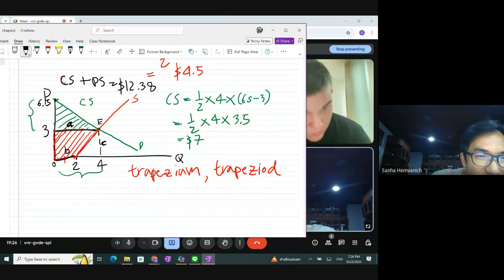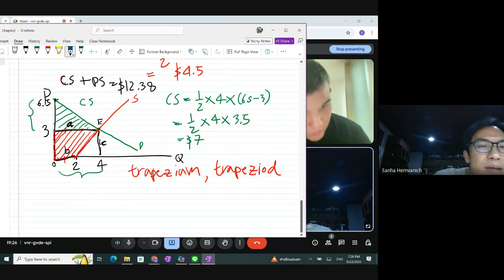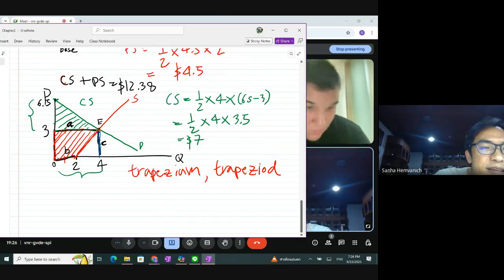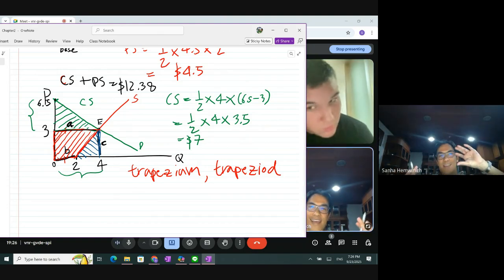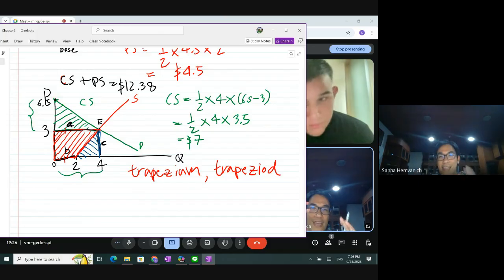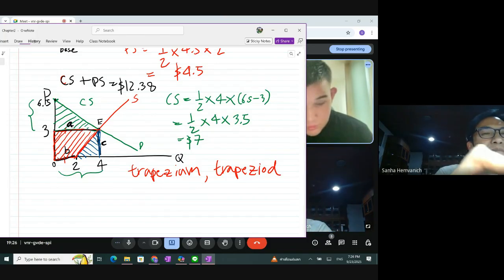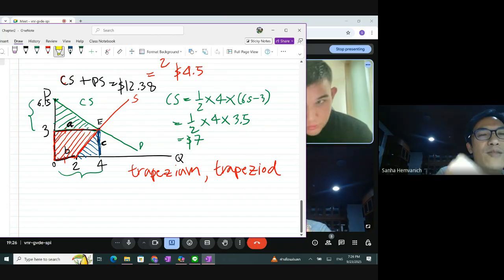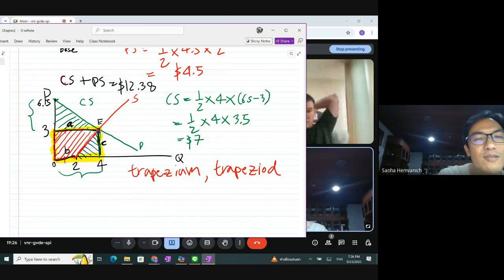Why? Because this guy here, let me use the color blue, is a triangle. If you combine the red and the blue, it's actually a rectangle. I'm using yellow now, this is the rectangle.